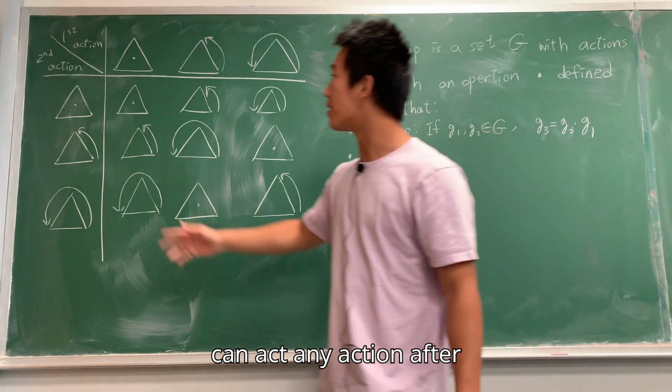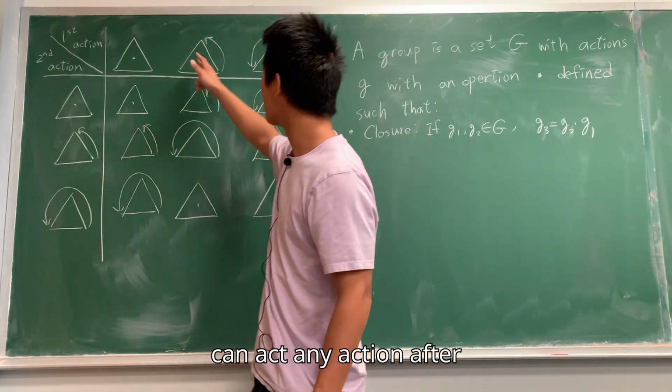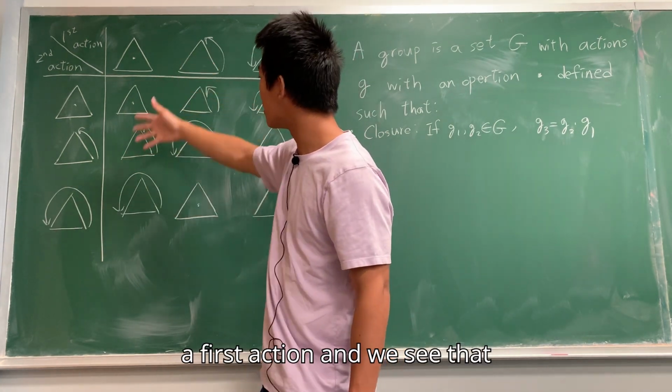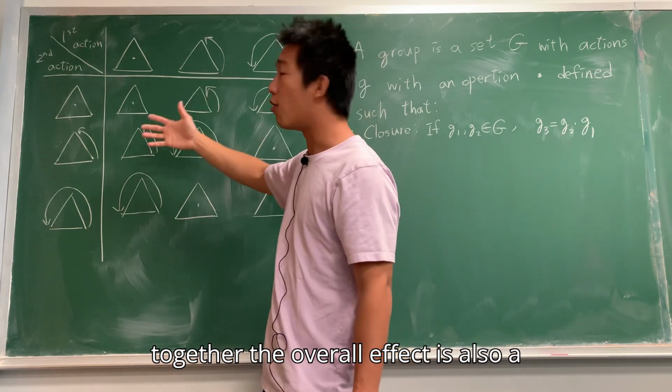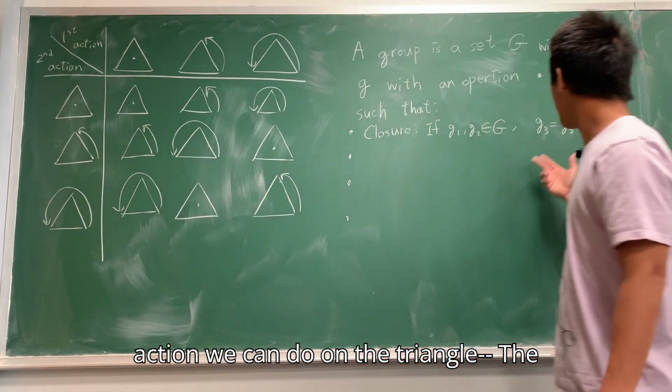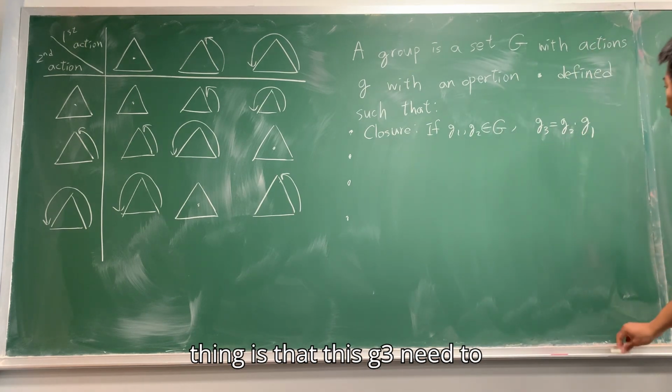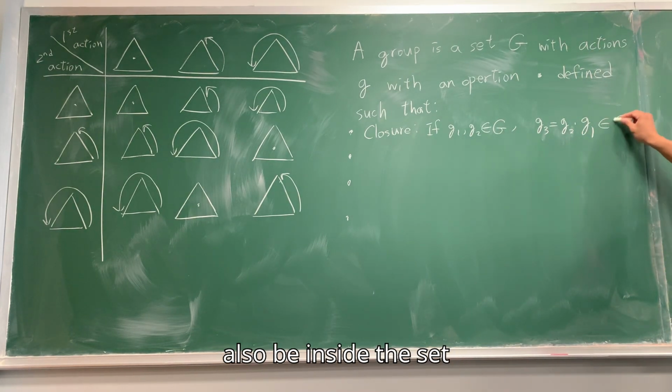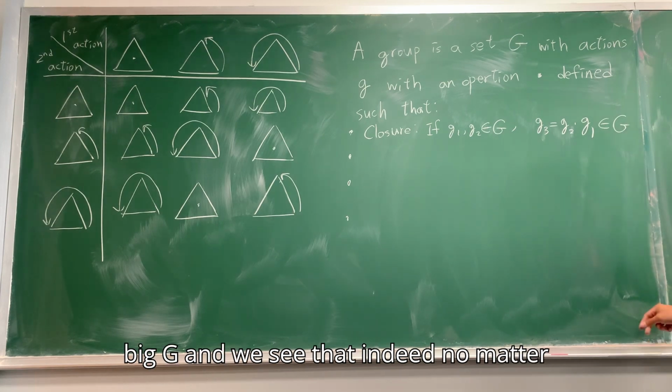We can act any action after a first action, and we see that together the overall effect is also an action we can do on the triangle. The thing is that this g3 needs to also be inside the big set G.